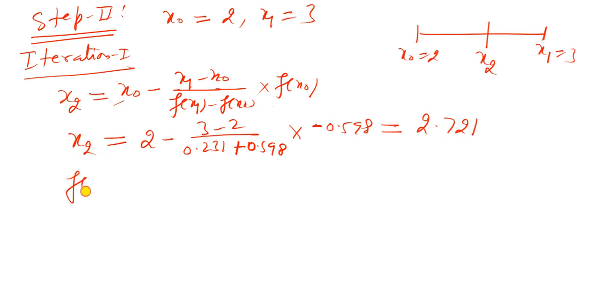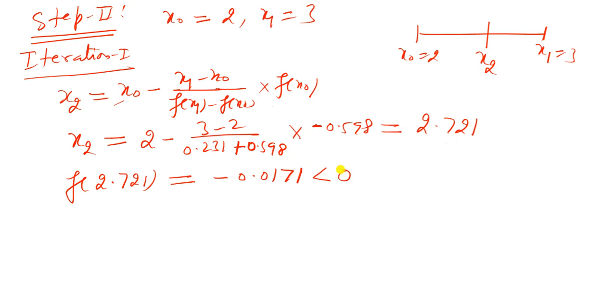So compute the functional value at x is equal to x2, that is 2.721, and when we compute this value, we obtain the functional value is negative 0.0171 correct to 3 decimal places, and this is less than 0.